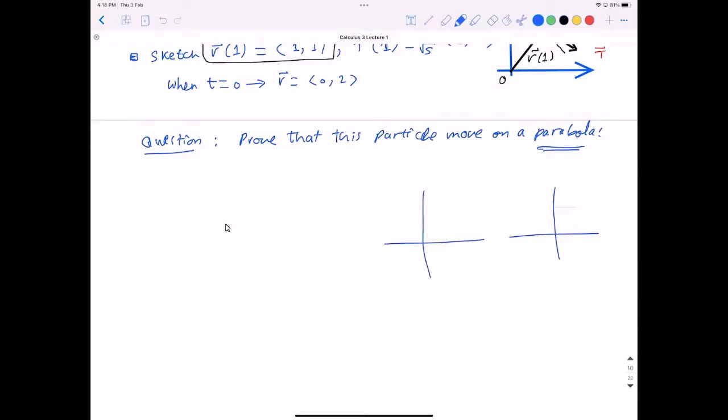Simplest equation of a parabola. The curve of x squared is a parabola, right? You need to say the whole equation. y equals x squared. Okay, y equals x squared is a parabola.